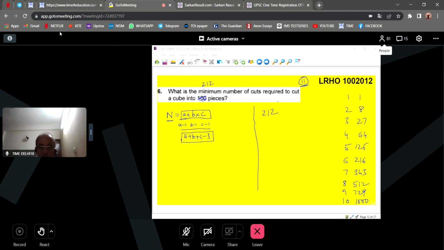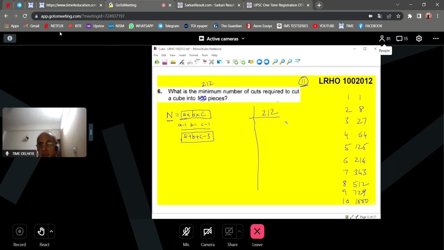Abhishek, your answer is not correct. Tushar, your answer is not correct. Pankaj and Sifat, your answer is not correct. Ritik, your answer is not correct. You have come close to the answer, Ritik, but you have to improvise on that. Pranjal, your answer is correct. Gitansh, your answer is correct. Utkarsh, your answer is correct.